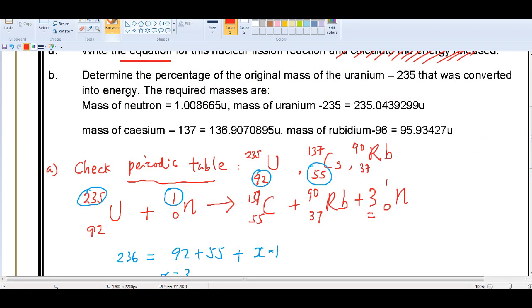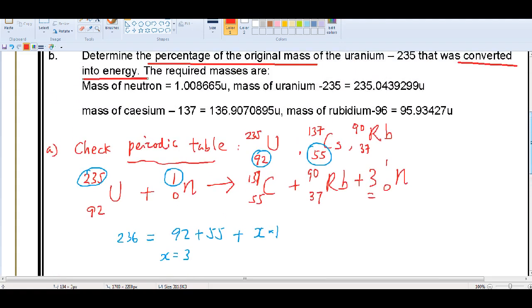They are going to ask you to determine the percentage of the original mass of uranium-235 that was converted into energy. We understand that the mass defect accounts for the energy released, so you need to find the mass defect.